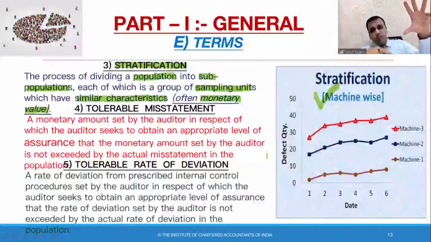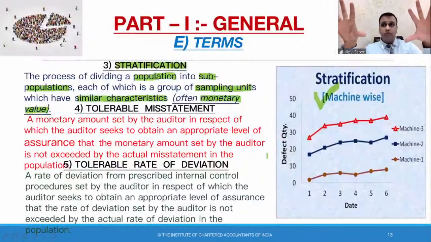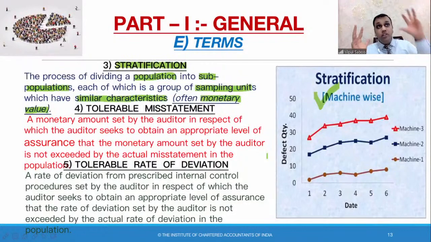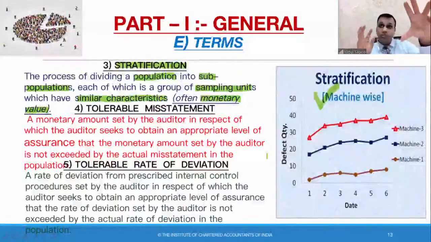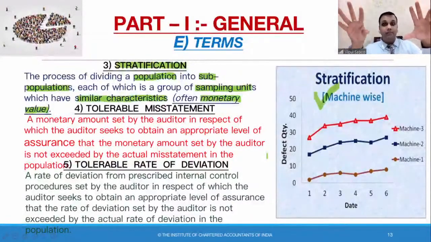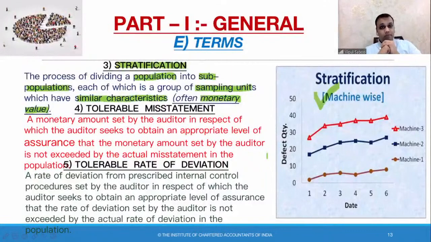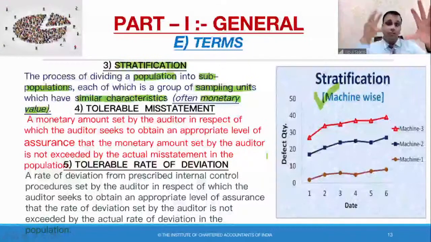These are the machines which work on power, and these are the machines which work with manual labor. Done. These are the machines which are newly purchased. These are the machines which are second hand. These are heavy machines. These are the lighter machines.